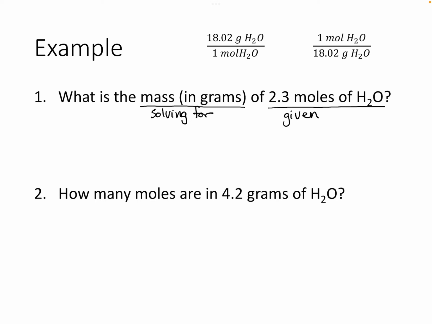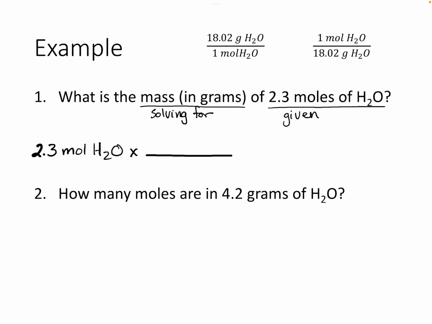2.3 moles of water. So remember from our flow chart earlier, we want to start with what we're given. And then we want to use the molar mass to convert to grams.